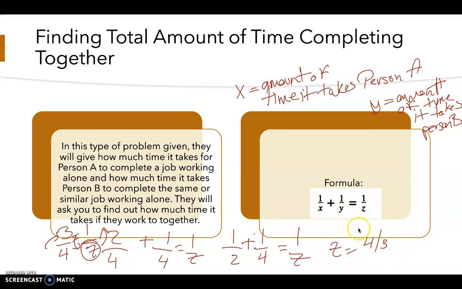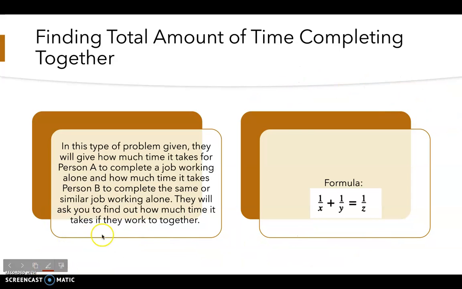Now, this is the amount of time it will take to complete the job, and 3/4 is the fraction of work that has been completed. So let me make that more clear. 3/4 is the fraction of work completed, okay?